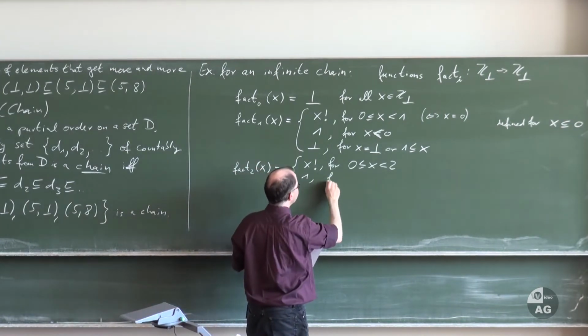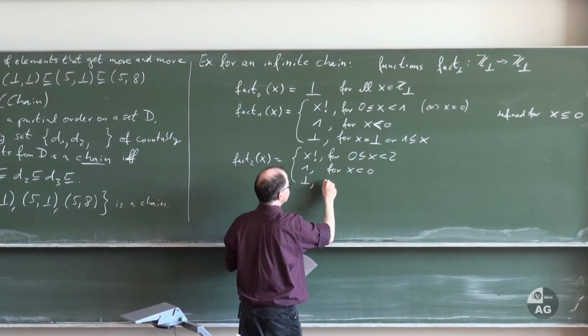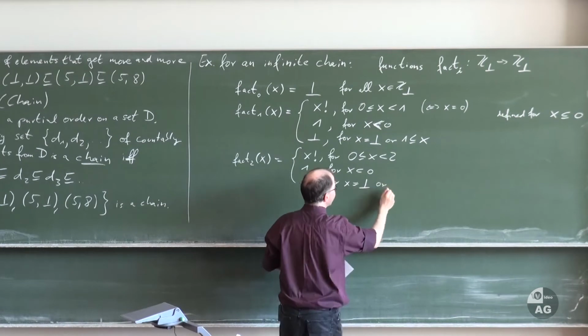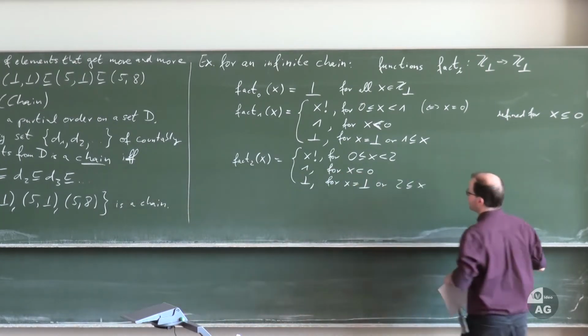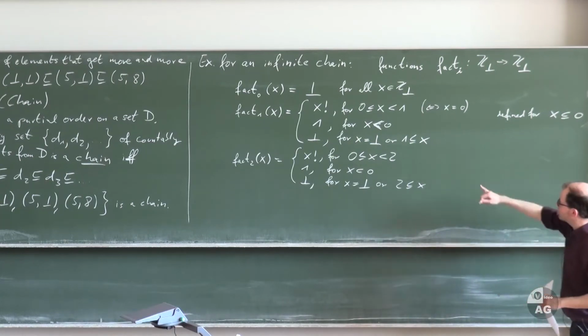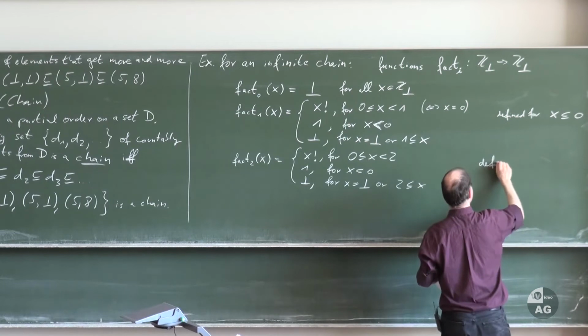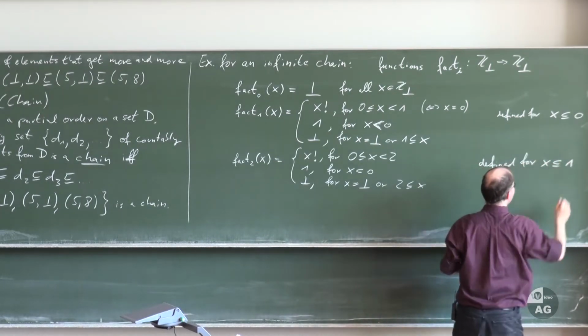So it gives you 1 for negative numbers, and it gives you undefined if x is undefined, if x is bottom, or if x is greater or equal than 2. So the numbers where this is defined have increased a little bit. So this is defined for numbers that are smaller or equal to 1.